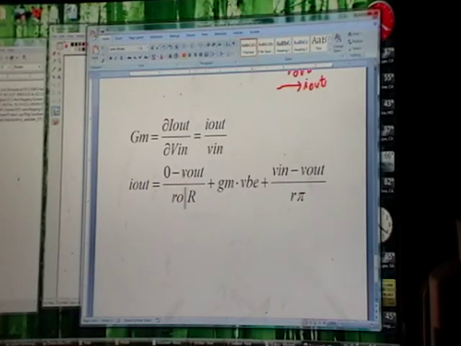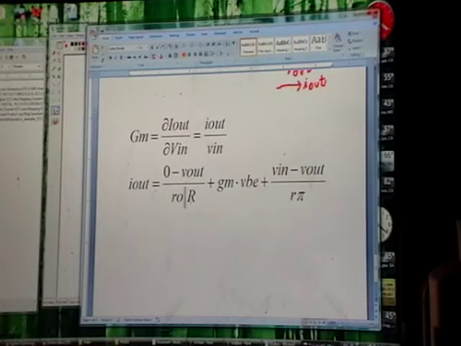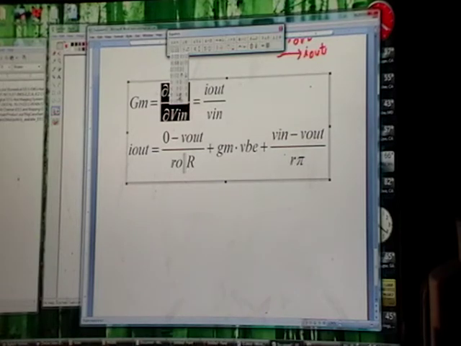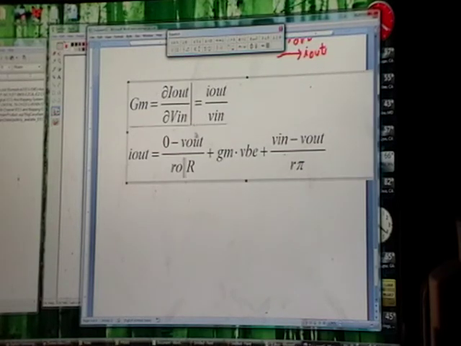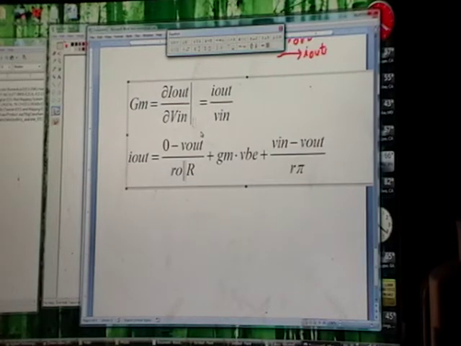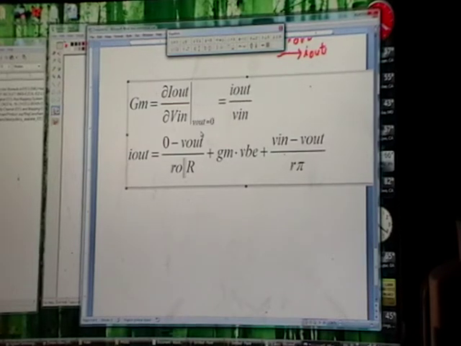Sorry, skipping steps again. The two-port rule for this, which makes things very nice, is if you're trying to find GM, you set V out equal to 0.